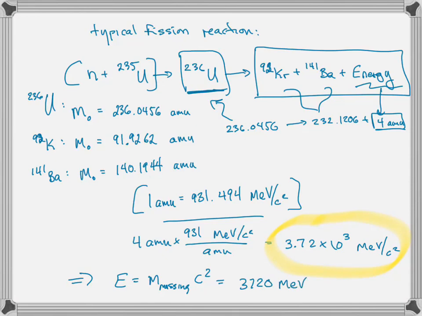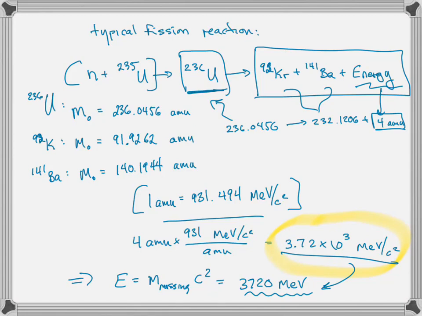That's the amount of energy that is released for each U-236 that naturally decays to the krypton, barium plus energy. And so that's where we're getting energy from. It's mass turned into energy. And that's where the energy comes from in these nuclear fission reactions.